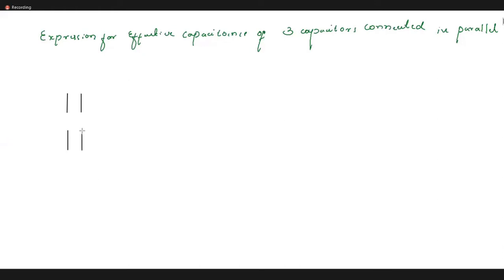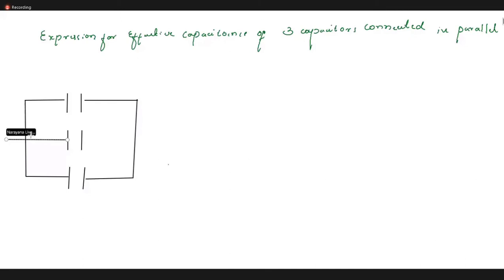Here one more capacitor, here one more, the third capacitor. So let me connect. I'm just connecting another one with your battery.